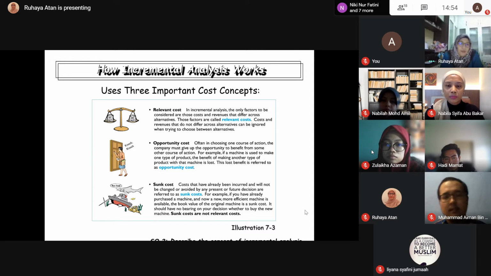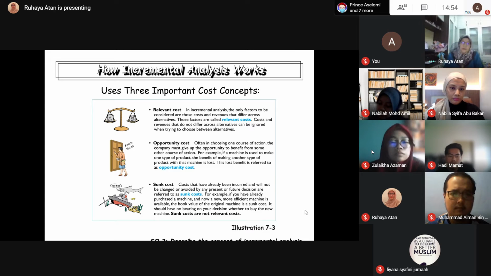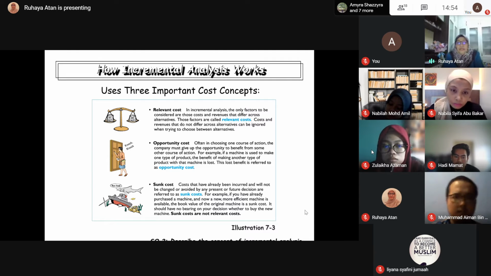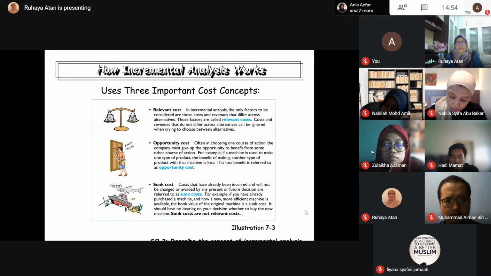All right. So let's look at the other one, sunk cost. What is sunk cost? Costs that have already been incurred and will not change or be avoided by any present or future decisions are referred to as sunk costs.